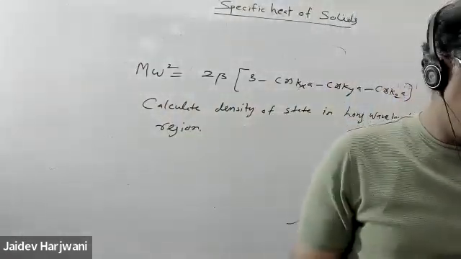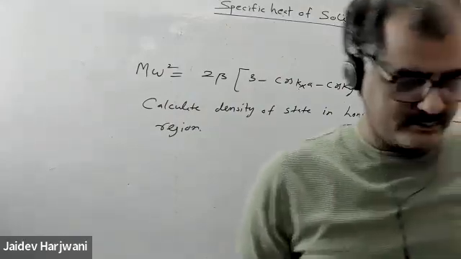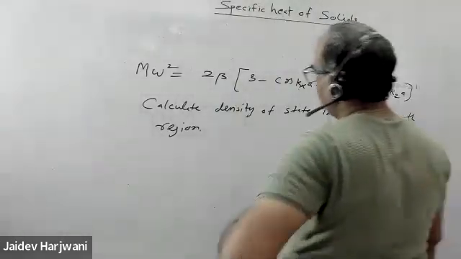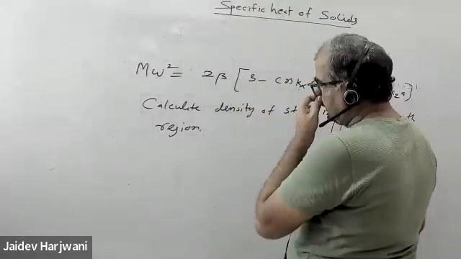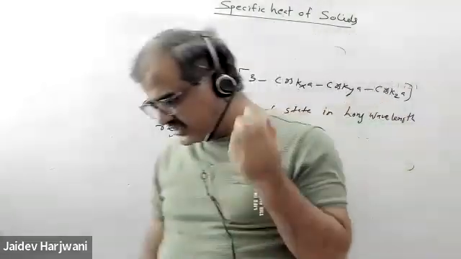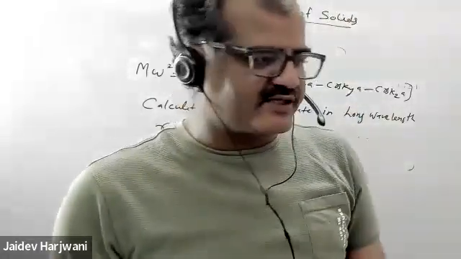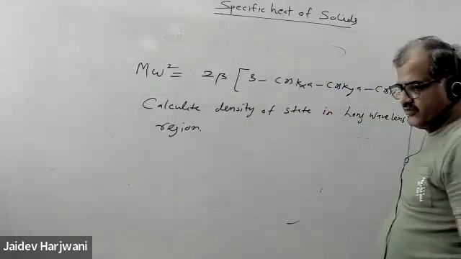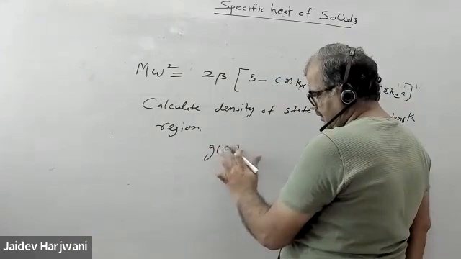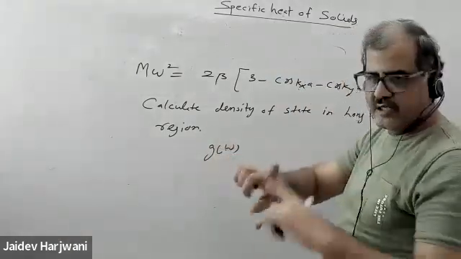Okay, so how can we calculate? In the long wavelength region, kx, ky, kz will all be small, so we can expand in a Taylor series. Okay, so you want the density of states. You know the expression for density of states. Then you only don't know the omega-k relation. So first they are asking what is g of omega. You already know the g of k relation for 3D, only you don't know how to convert it to omega.